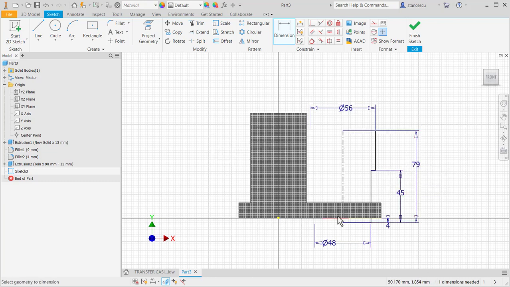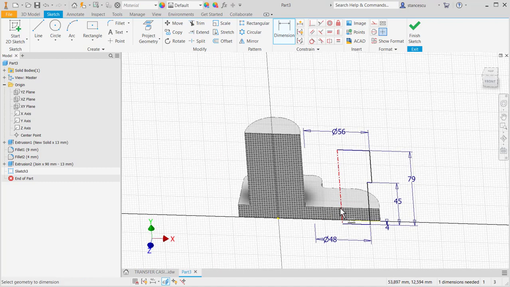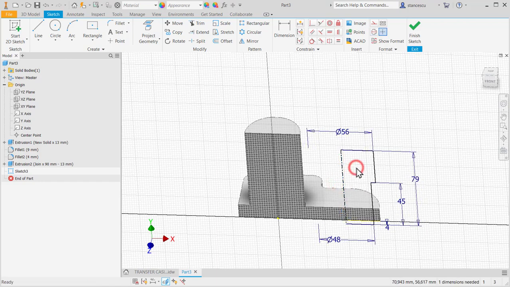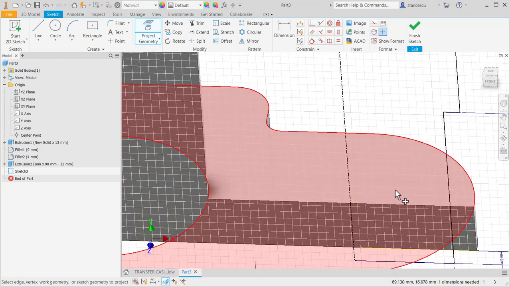One dimension is this axis, which must be placed somewhere. I want to project this. I project this end, but it is here. Let me project this end to have a point here.